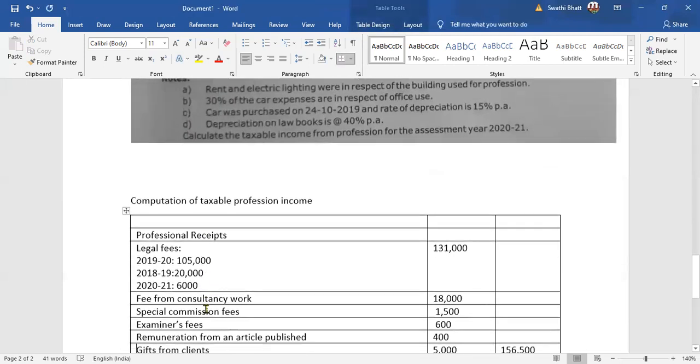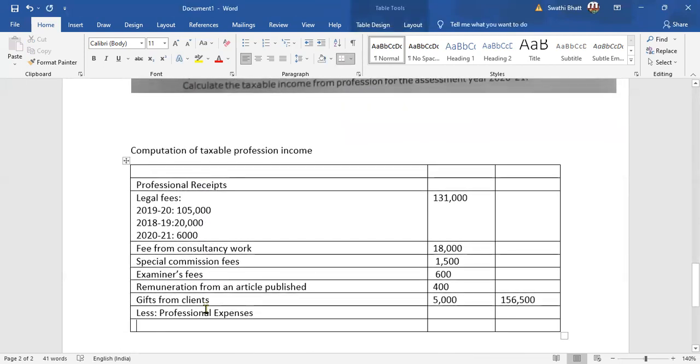So less his expenses, car expenses: the complete expense is 1,500, but only 30% of 1,500 needs to be taken, because only 30% is used for professional purpose. So that would be equal to 450 rupees. Anything which is personal in nature, you cannot show over here.